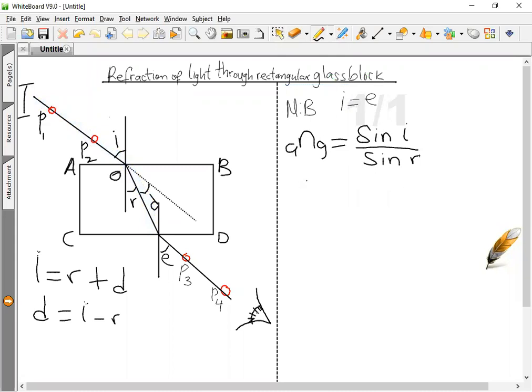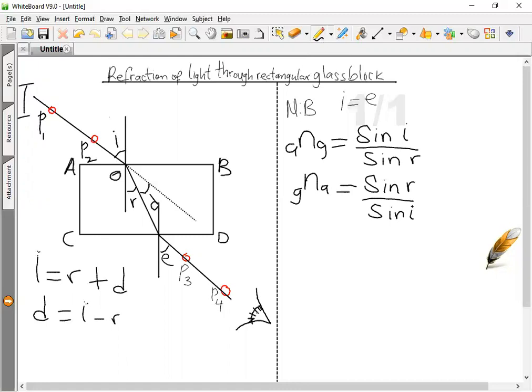Now, when your light ray is moving from glass back into air, it will now be the refractive index of air with respect to glass equal to sine r over sine e.